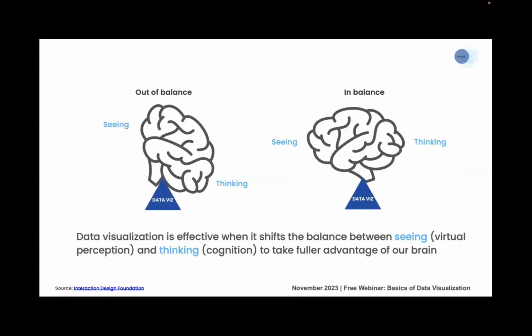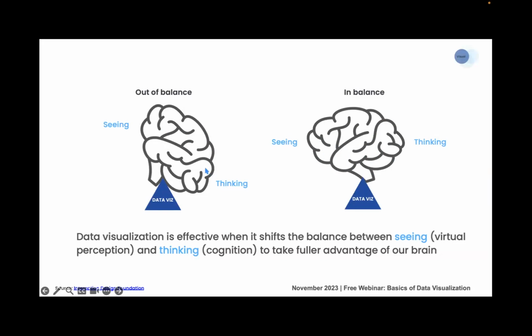So typically when people look at a visualization, there are two things going on. This is your brain. One is seeing, looking at your image, visuals, and thinking, right? So the balance, thinking and seeing, data visualization actually should be balanced out.